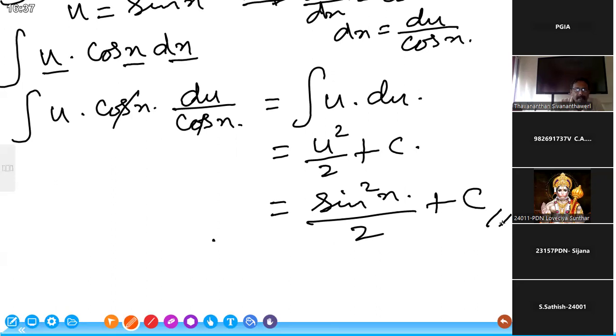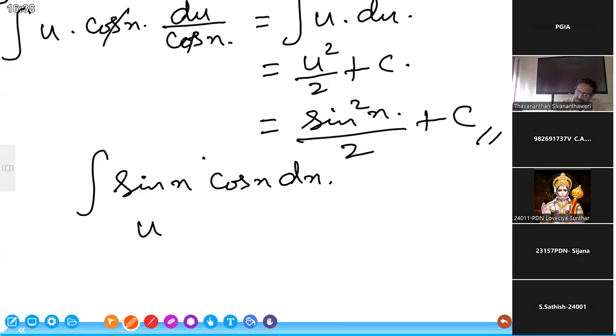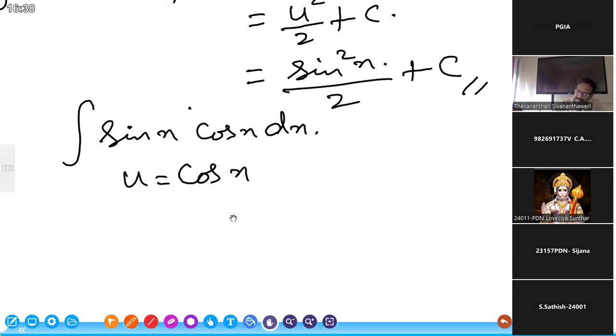Here in this example, we considered u as sin x. Suppose I consider the same example, sin x cos x dx, and consider u as cos x. That is also possible because two components are there.